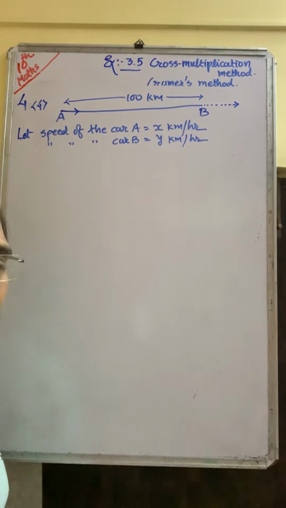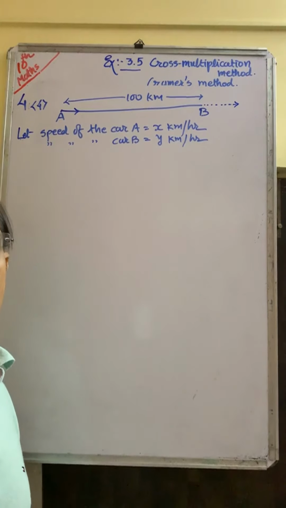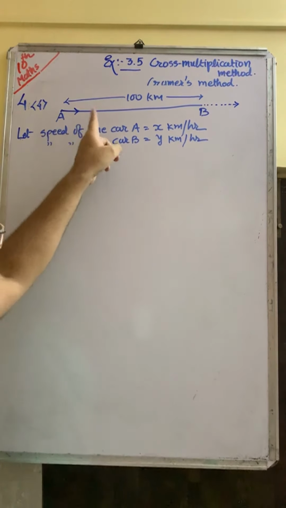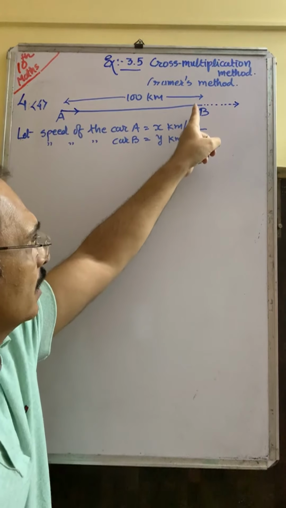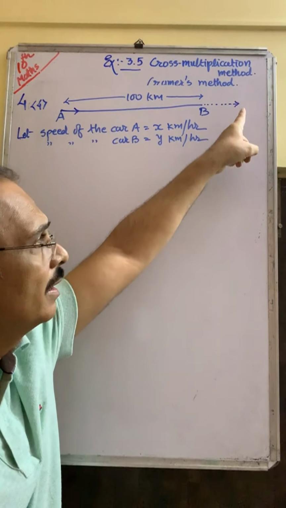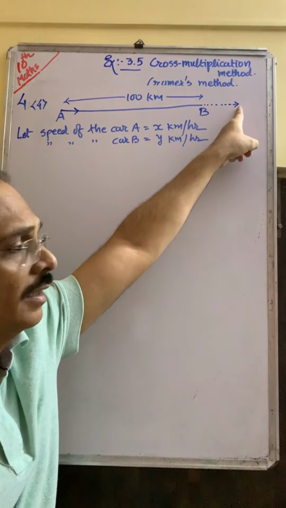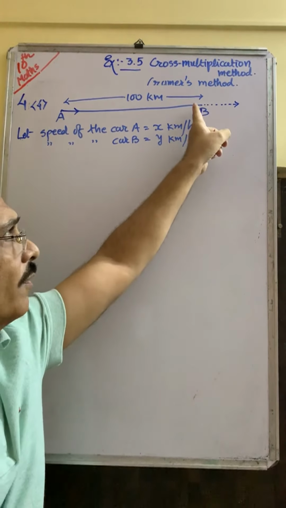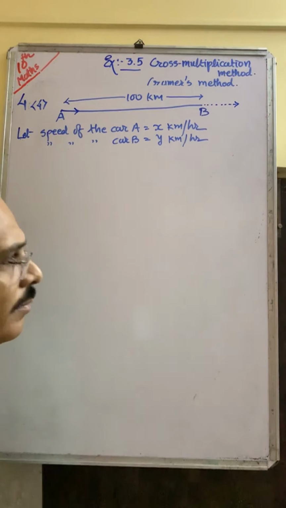The given is they meet in 5 hours. After 5 hours, they will meet. Means naturally you can say that speed of the car A is more, because car A covers 100 km distance and after that certain distance, and they meet at point, suppose here C. And B, the speed is very slow. So after 5 hours it covers only distance BC.